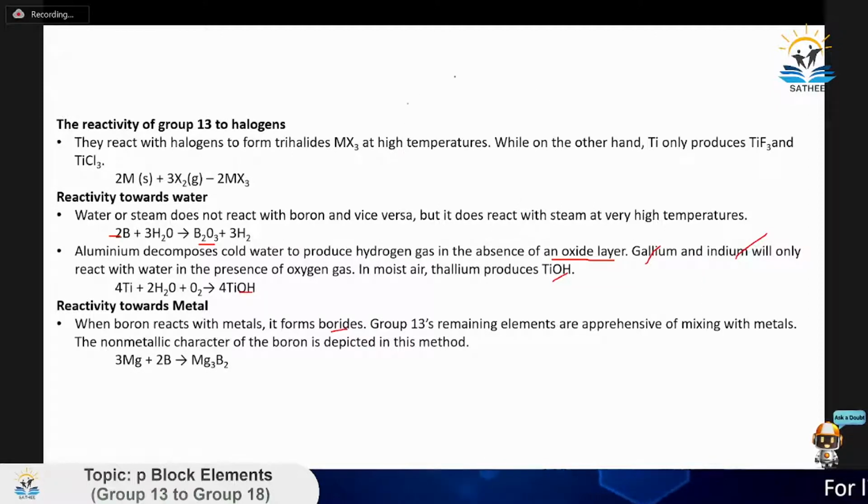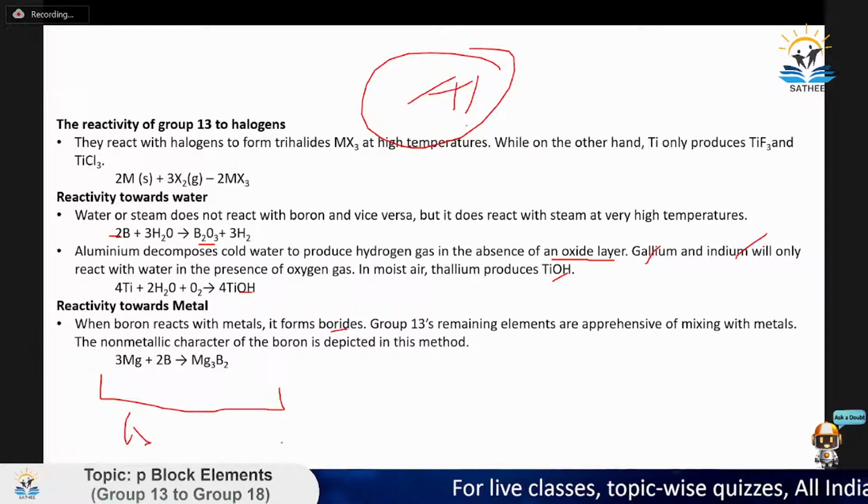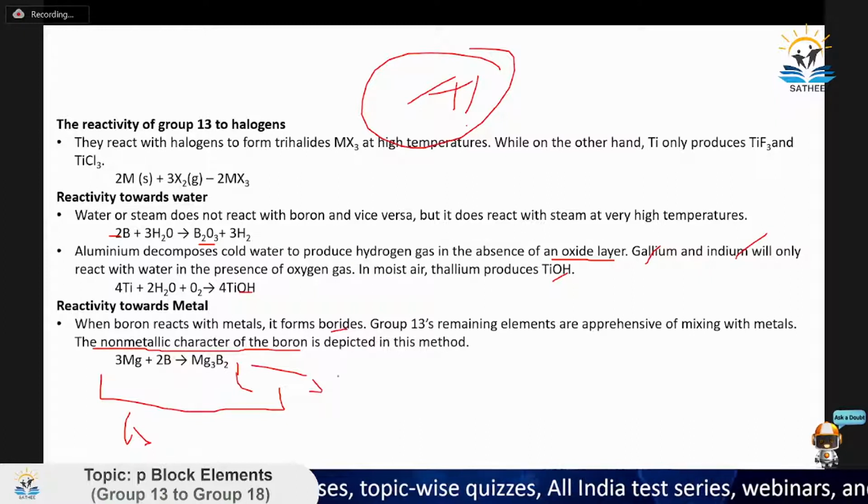You know, aluminium is the go-to thing if you want to understand anything about group 13. And with Mg, this particular reaction shows the non-metallic character of boron. Boron forms borides. These are called borides.